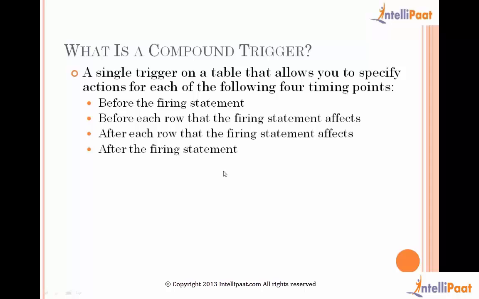So at a time you could cover only one. Either you could write a statement level or a row level earlier. But in the compound trigger, Oracle is providing the functionality that you can write all the timings at a time in a single trigger. So that is called compound trigger.